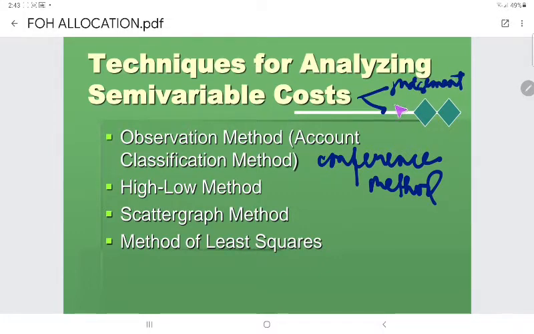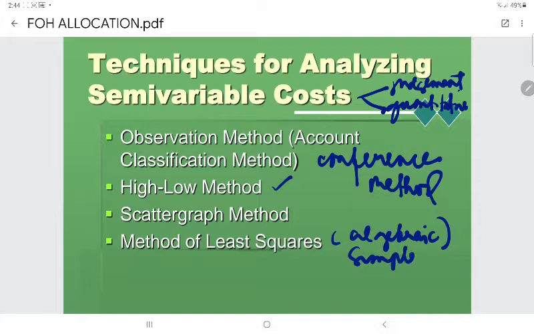And then you are going to use what quantitative means, no? And what are those? You have the high-low point method, which did make use of 2 points. Then your method of least squares, this will be also called algebraic. This is also called simple regression.